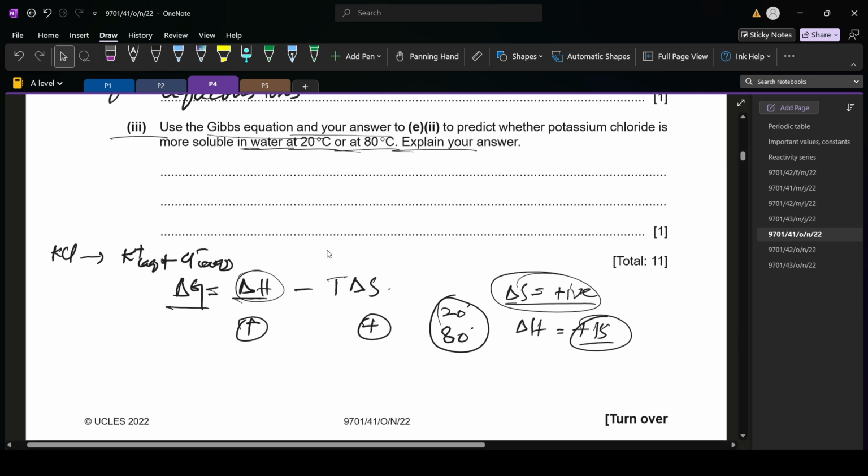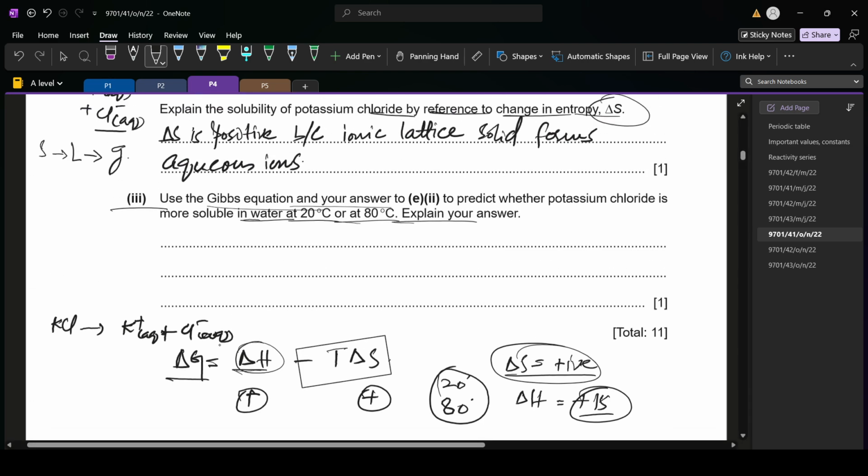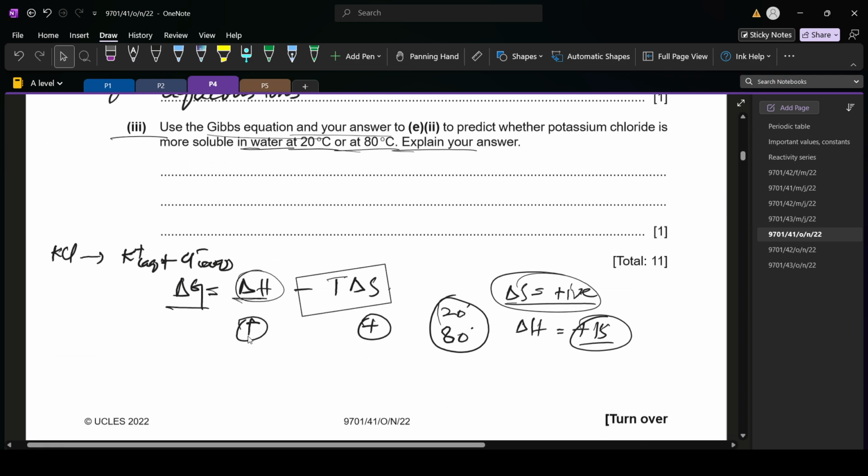If the temperature is 80 degrees Celsius, this value will be more negative. So the Gibbs free energy will be more negative at higher temperature. You can see that from the equation, because the enthalpy change of solution is positive.